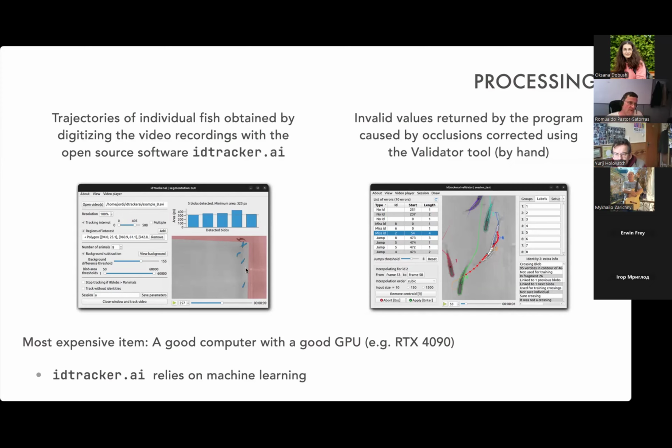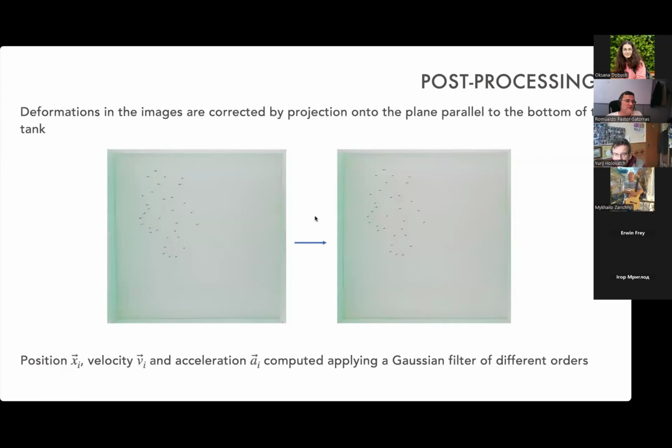This software is very good, but still it passes a few of these glitches caused by these occlusions. And then there is a little bit of work that must be done by hand to correct these trajectories. So the most expensive item in this setup is essentially a good computer with a good GPU to run this software. So we can do experiments with these things.